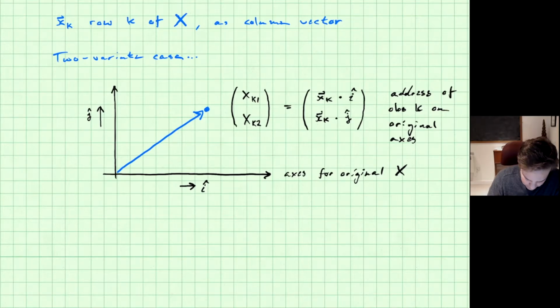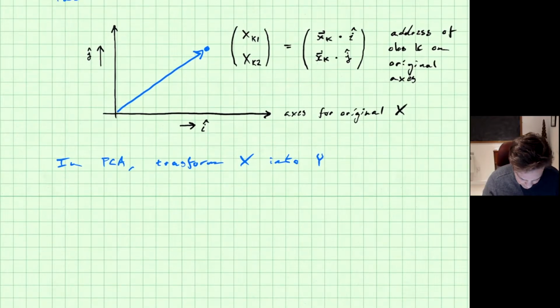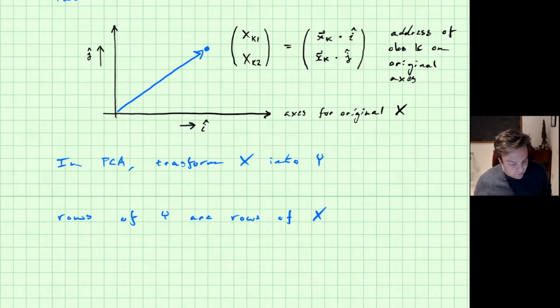So in principal component analysis, we transform X into some new matrix that I'll call Y. And the rows of Y, or the observations of Y, are the rows of X, but described on some new axes.